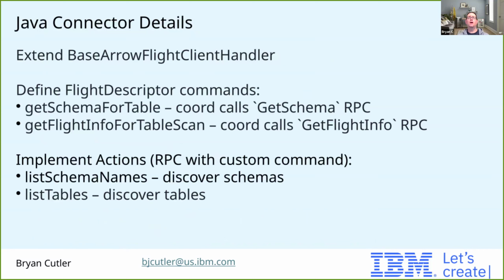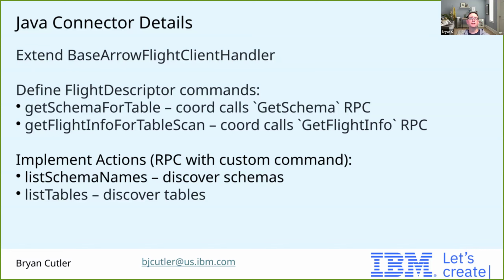I'll go over a little more detail about the Java connector, since it's a little more involved to implement. The main thing you need to do is extend the base Arrow Flight client handler class, which wraps the flight client and allows you to interact with your flight service.